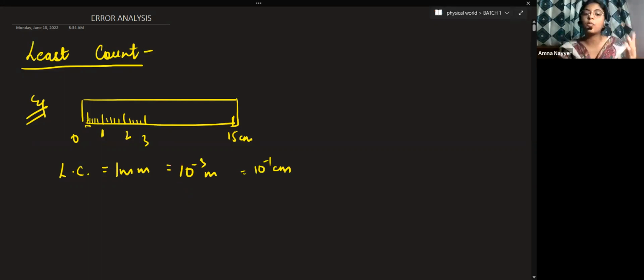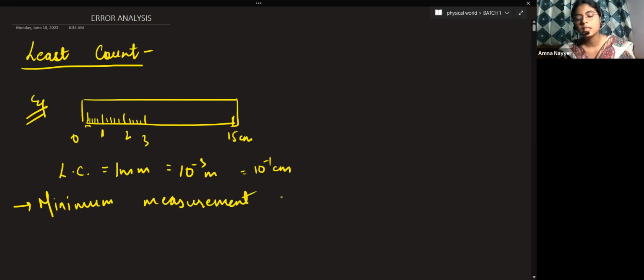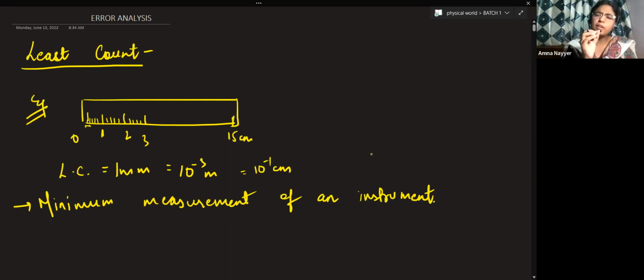All these three are the least count of the scale. So least count means it is the minimum measurement of an instrument, the minimum value any instrument can give you. For example, in this scale, 1 millimeter was the minimum value that was possible.